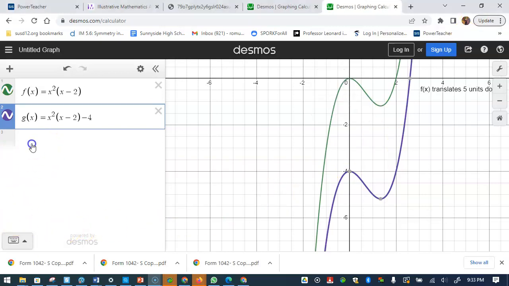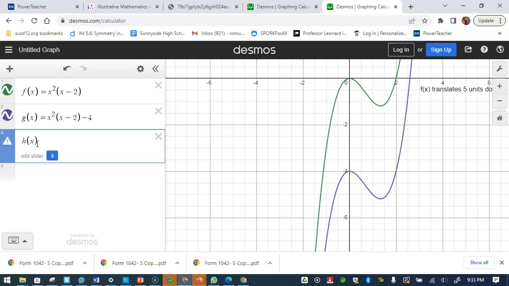Okay. So now in the next one we put h(x), and what that h(x) says is x squared, x to the power x.